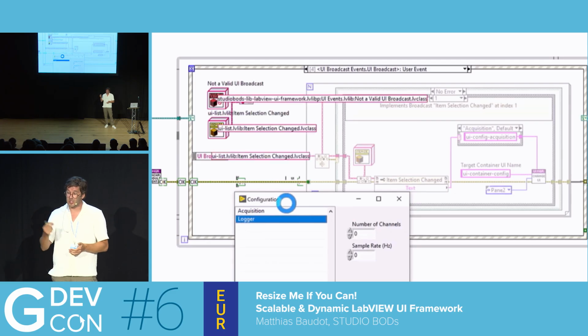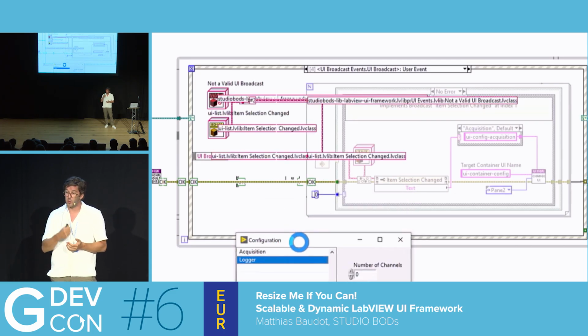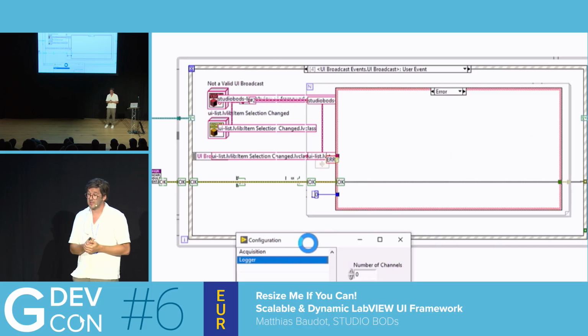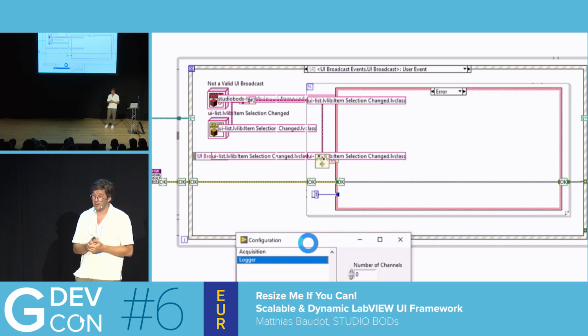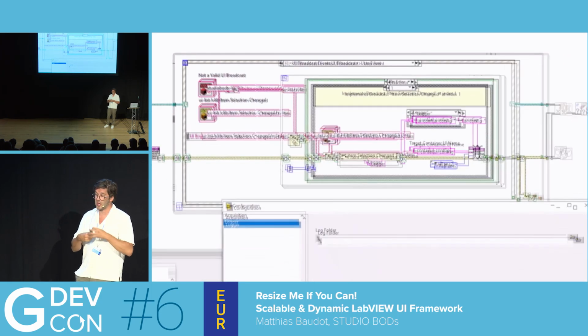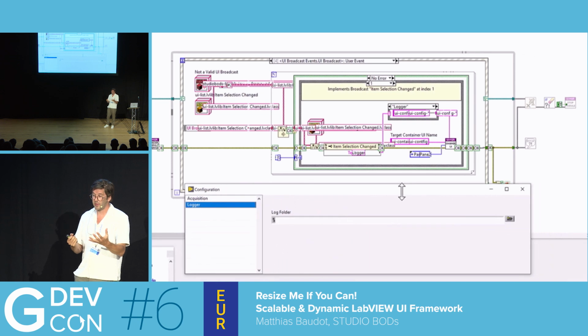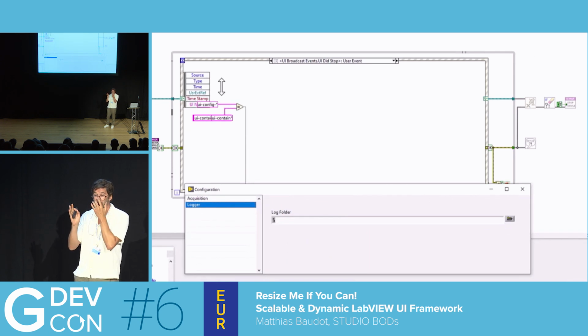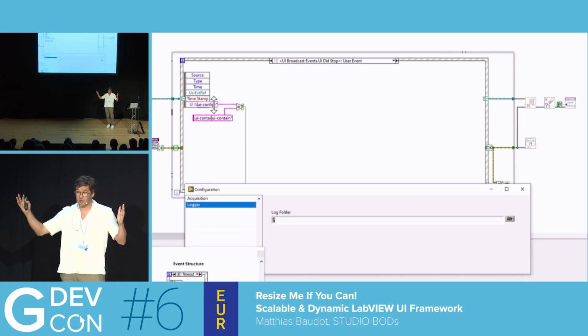Now, if I change and select logger, I receive the UI broadcast item selection change. I typecast it so I can get the text. It's logger, so I'm going to change the UI. And you can see that the framework did respect the minimum pane size of my UI config logger and automatically enlarged itself.